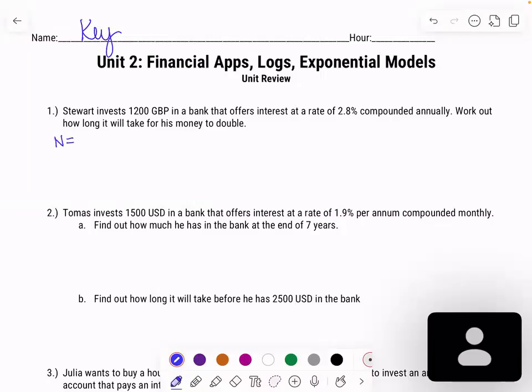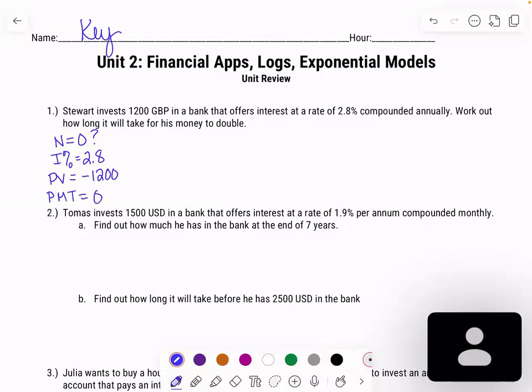So since we're trying to figure out how long, that's N. So we really don't know what N is, so we're going to put 0 for that. We know the interest rate is 2.8. We know the present value is 1,200. Now remember, we're going to do negative 1,200 for present value because that's how much came out of Stewart's pocket.